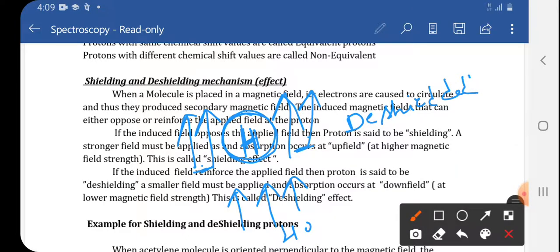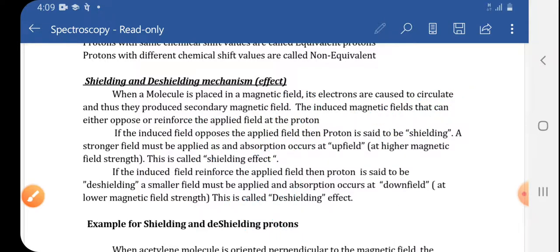This proton experiences more external magnetic field, because the external magnet is incident on this proton and this secondary magnetic field also acts on it. So more field is felt, and this effect is called de-shielding, and this proton is called the de-shielded proton. Okay, this is easily observed with an example.